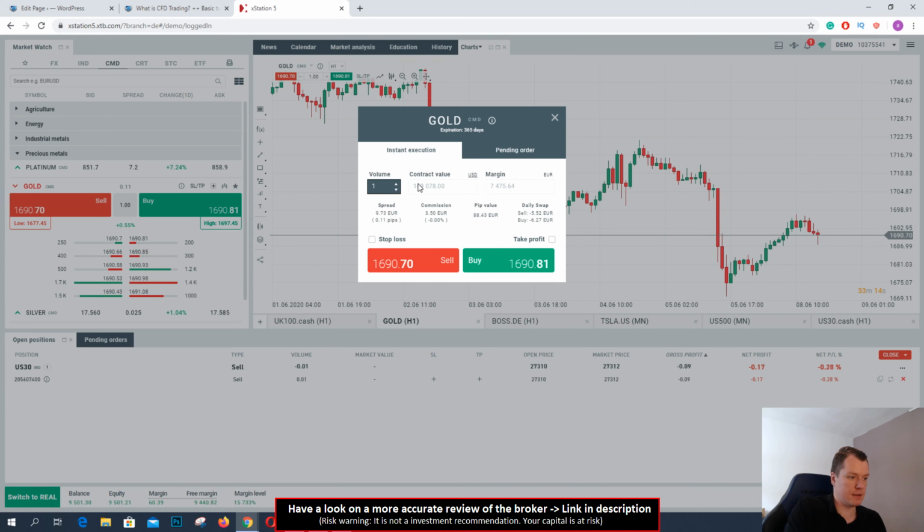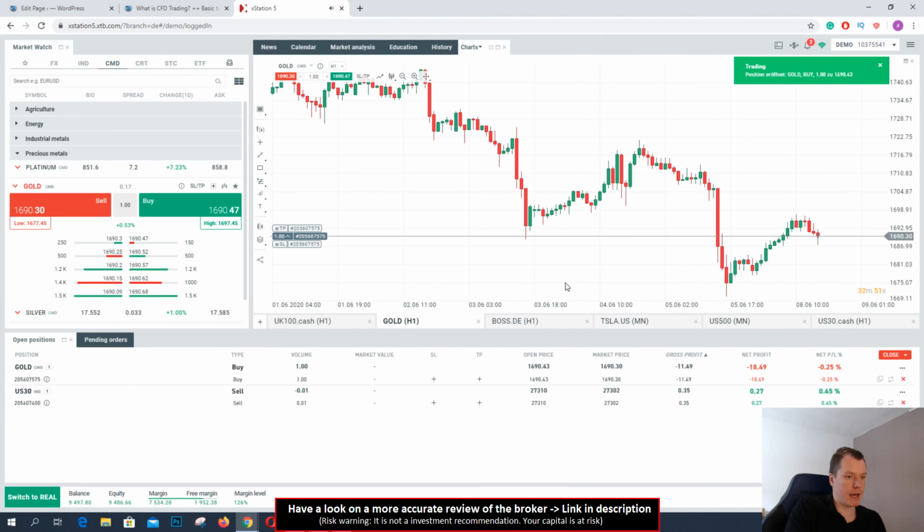This contract has a contract value of 100,069 US dollars. You see it here. Here's the spread, the commission, and the value. So it's a bigger position size and you can earn or lose more money. You also see here the daily swaps, the overnight fee, and I click on buy. Now my position is opened here.